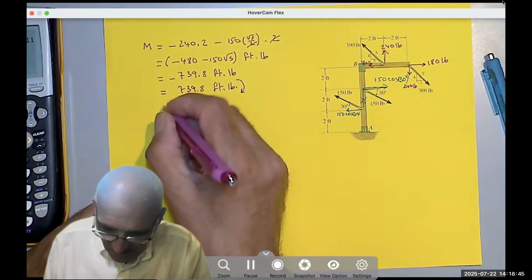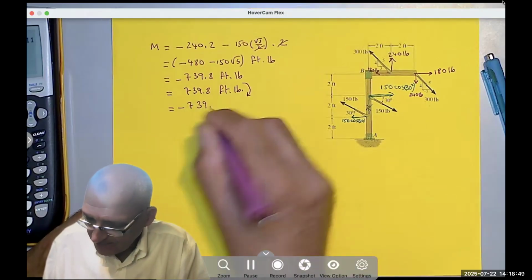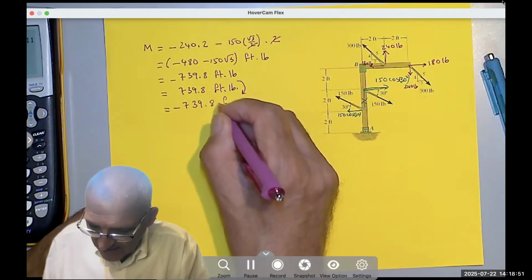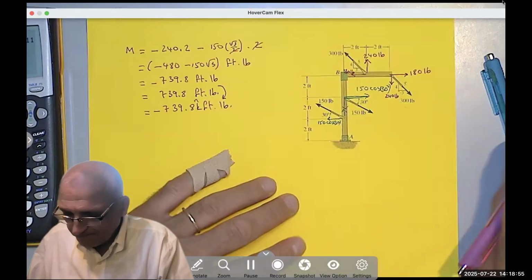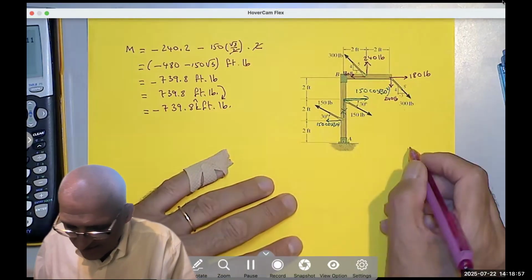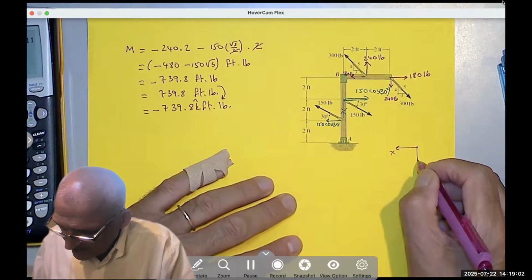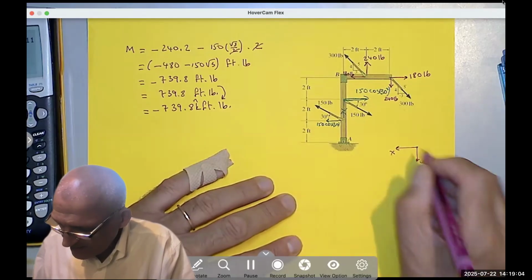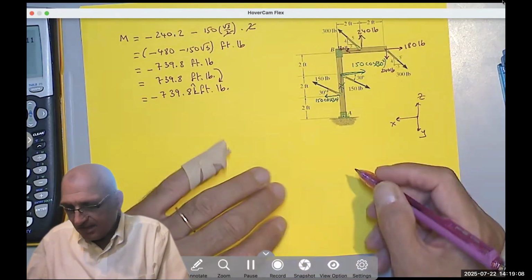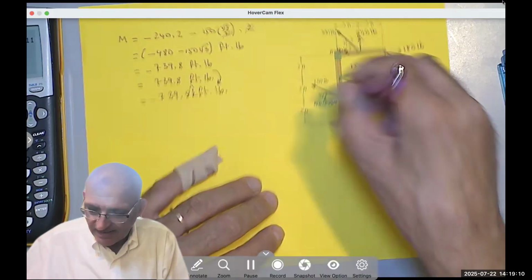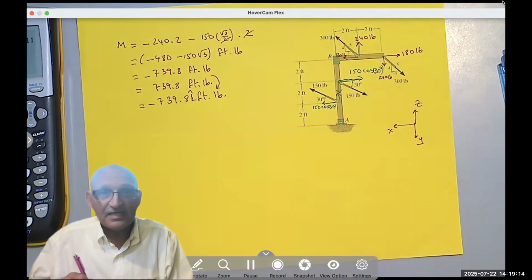Or if you want it in vector form, you would say negative 739.8 k foot-pound. And here, in that case, you would say, this is my X, this is my Y, and that's my Z. So we know that the moment is about the Z axis and it's negative.